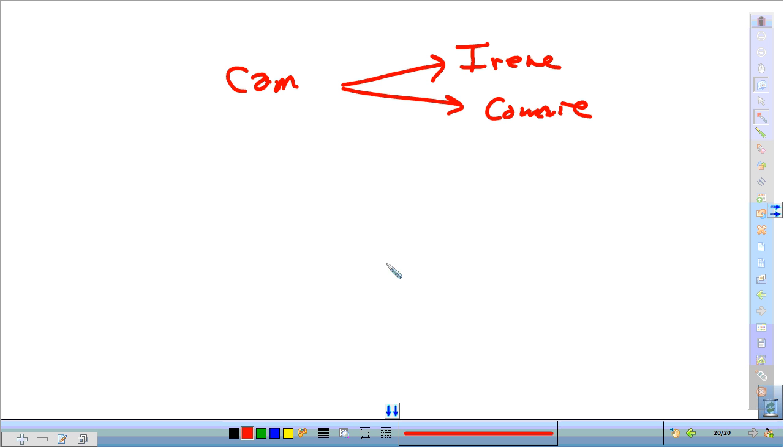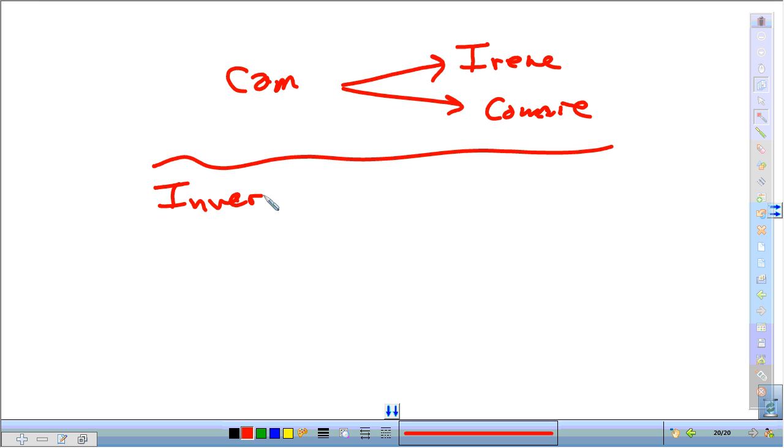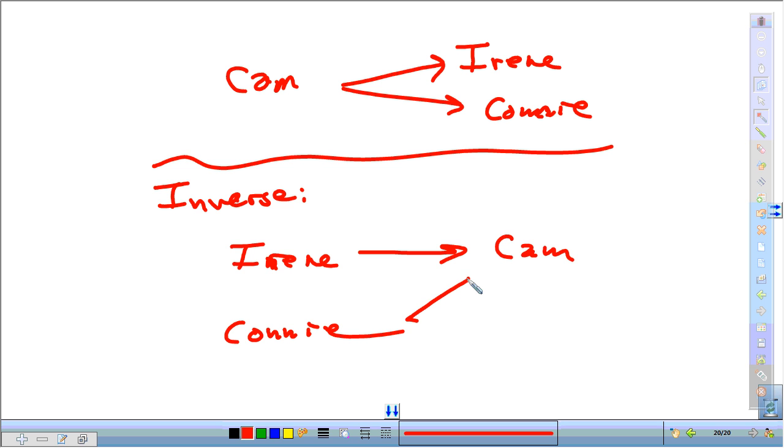If we looked back at that, we had Cam had daughters, Irene and Connie. But if we look at it in the reverse or inverse situation, then we would have Irene paired off with the father Cam and Connie paired off with father Cam.